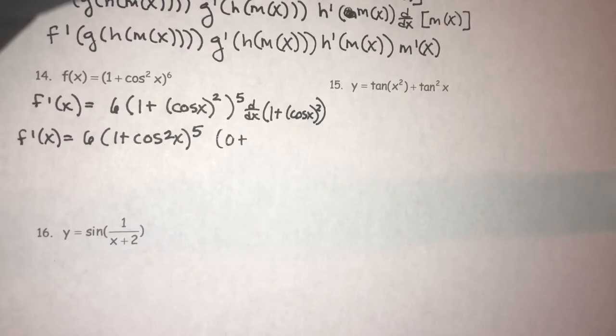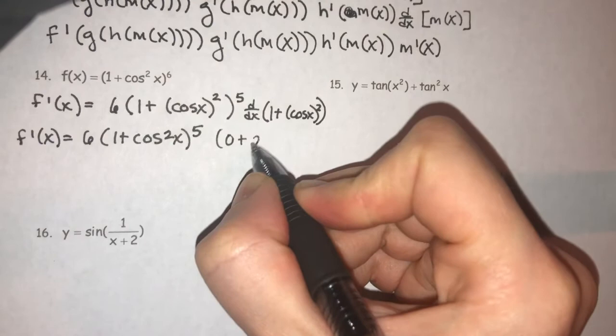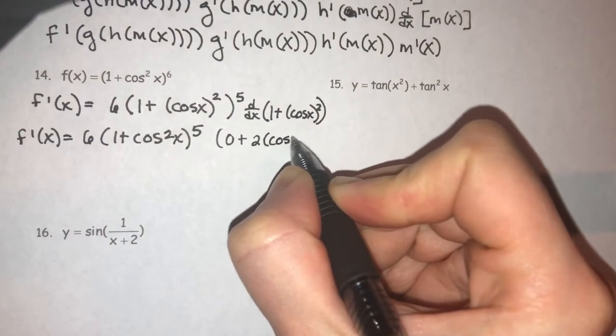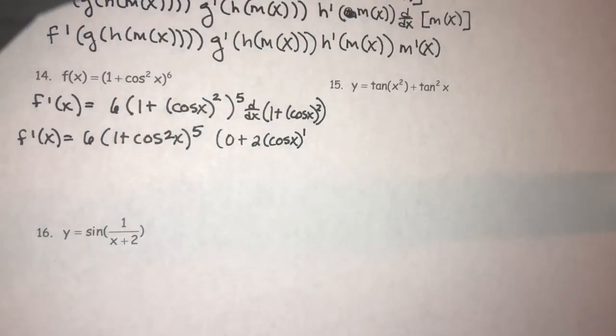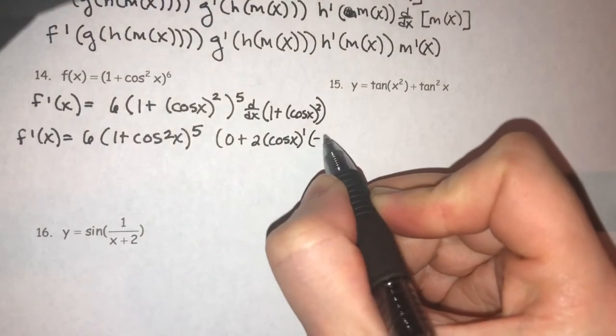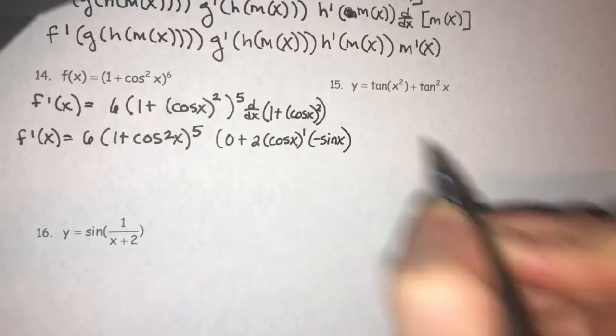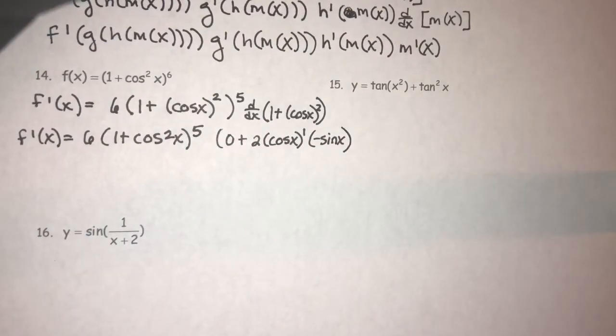This next part, cosine of x squared, is a chain rule problem, so we'll bring the 2 down in front, copy the inside function, subtract 1 from the power, and then multiply times the derivative of the inside function. The derivative of cosine is negative sine of x. And that one is done also. You don't have to simplify on these, so I'm just going to stop there.